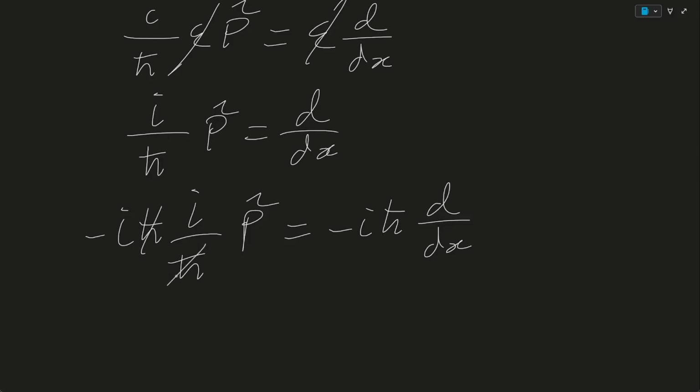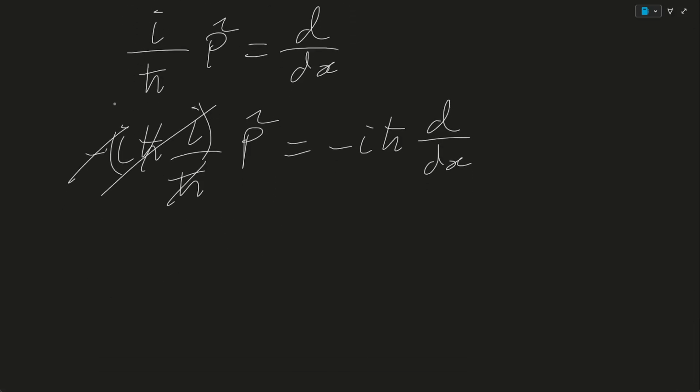Well, what's happening here? Those are cancelling, obviously, and then, well, I times I is minus 1 times minus 1. That's going to cancel, and we are left simply with the very fact that p hat is equal to minus I h bar d dx.